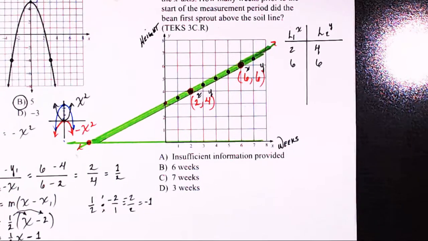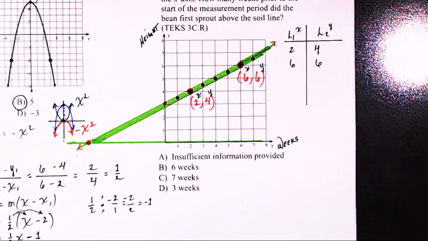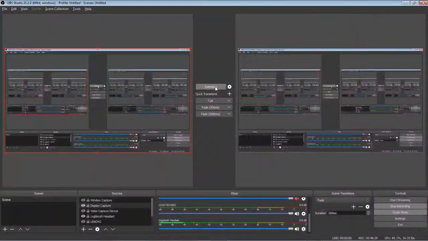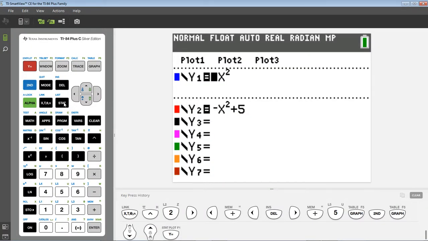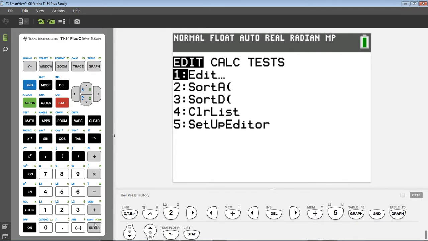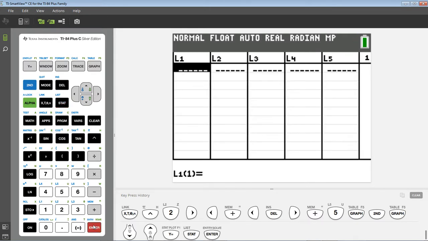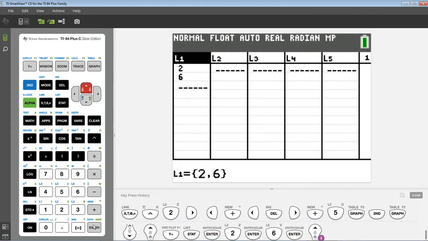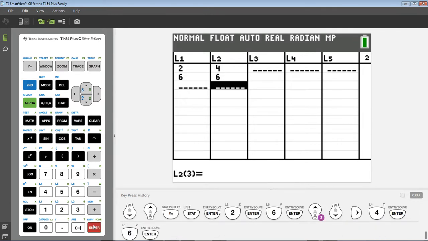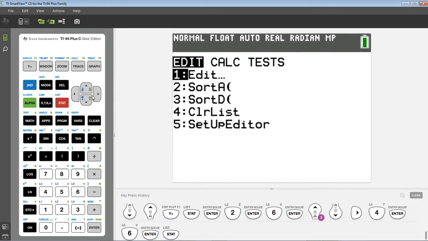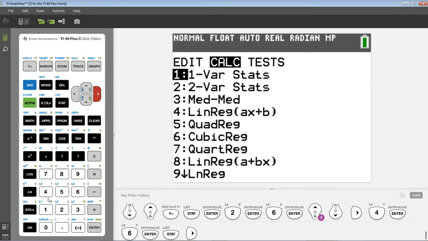Okay, we'll jump to our emulator. We'll go to Stat, Edit, and put in 2 and 6 for the x values. And then we'll put in 4 and 6 for the y values. Then we'll click Stat, right arrow Calc, and then number 4 for LinReg ax plus b.